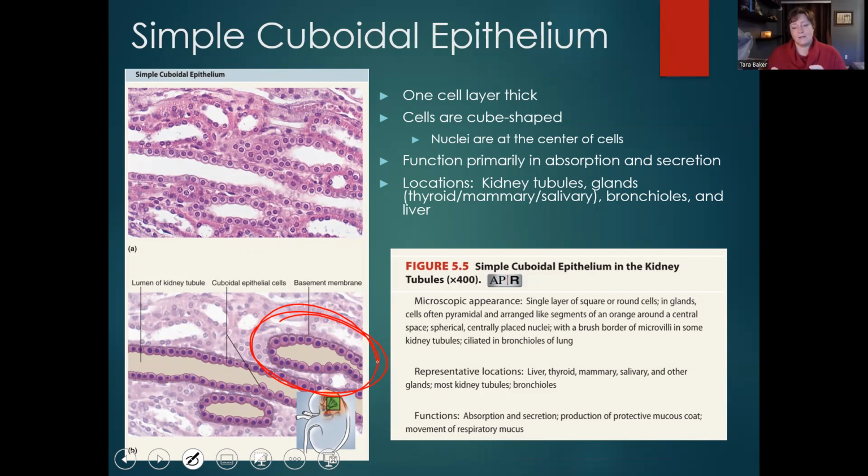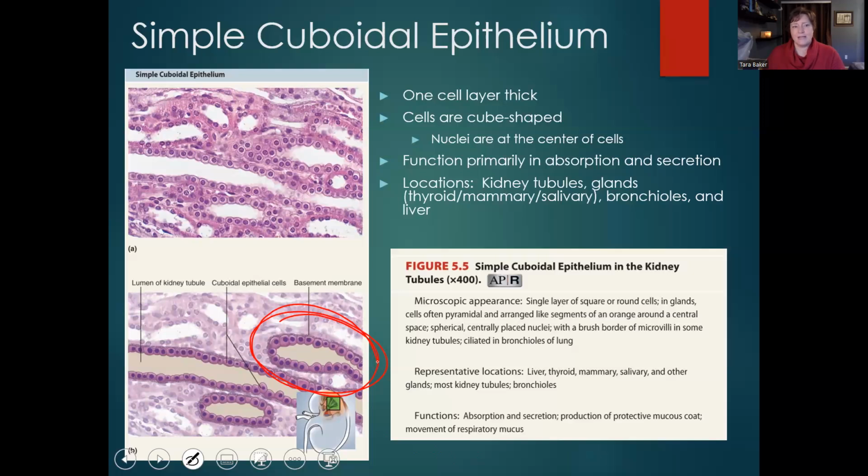Your kidneys take blood plasma, take bad stuff out and put good stuff in to make urine. That's where you get rid of waste, right? Most of your kidney is lined with these simple cuboidal cells.